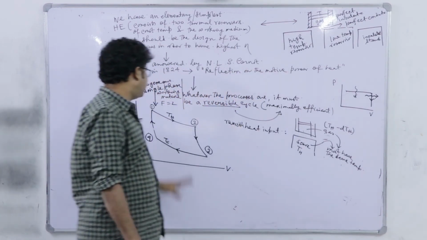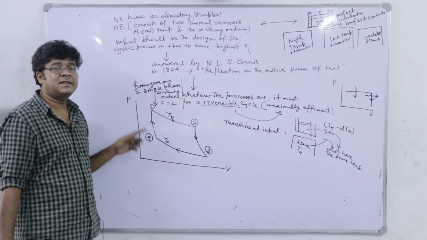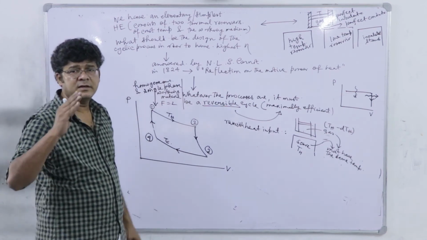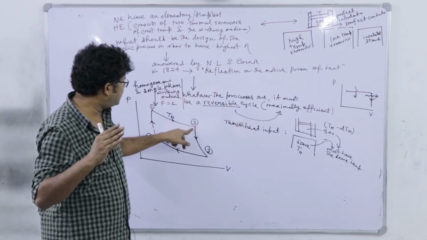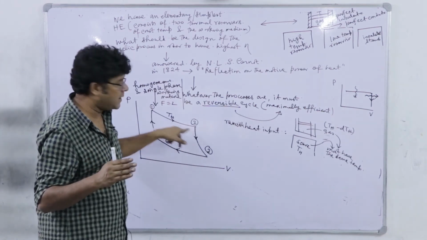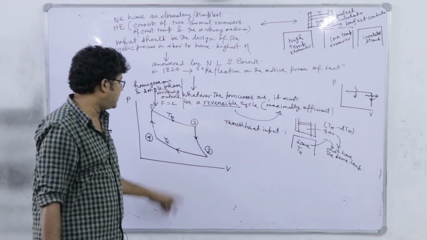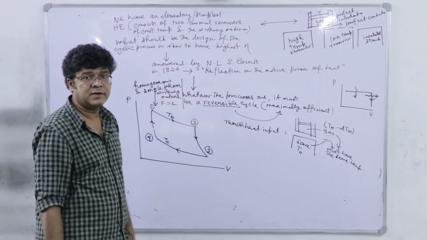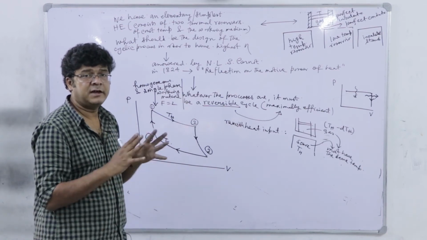Okay. So this is the reason why the Carnot cycle has this isothermal heat input or expansion, then adiabatic expansion, isothermal compression, and again followed by adiabatic compression. So these are fixed and universal.